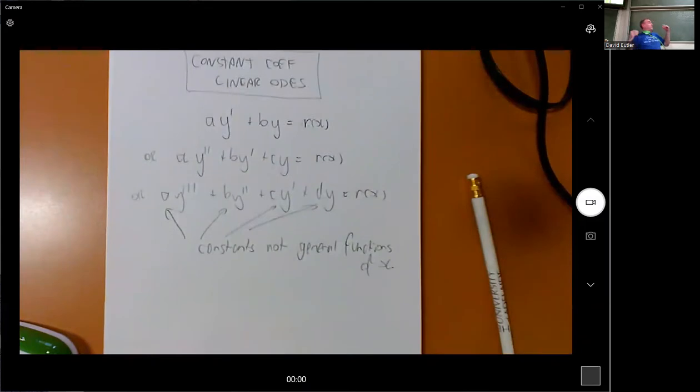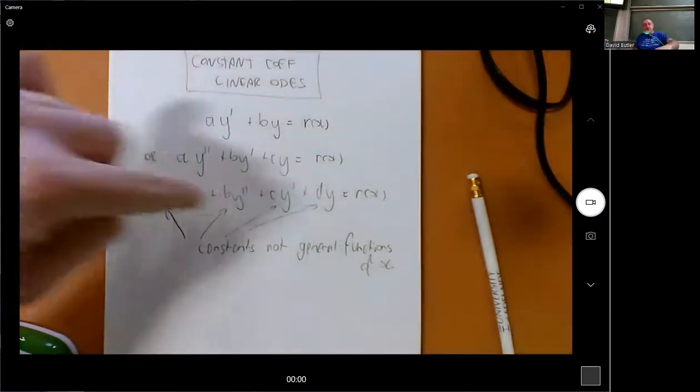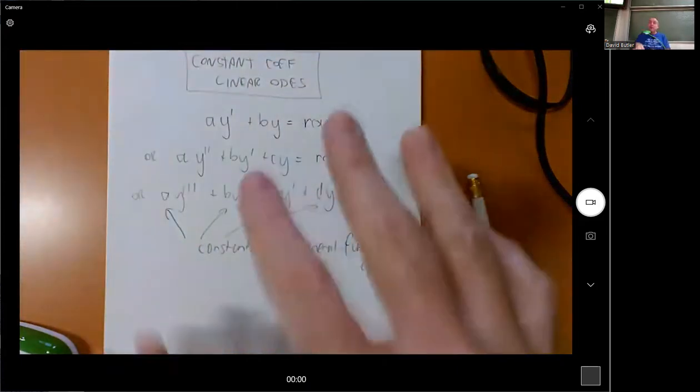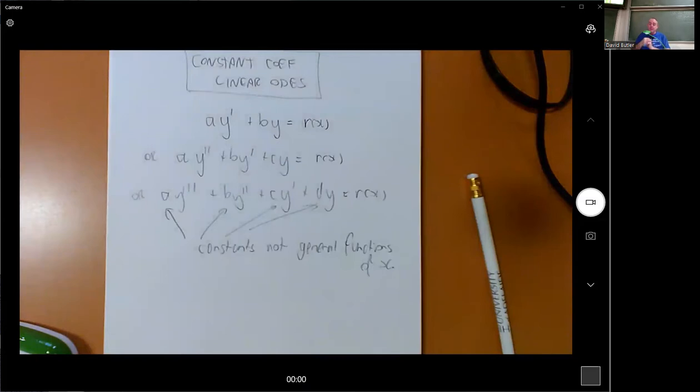Now, it is possible to have linear differential equations which have functions in those spots, but that's not what we're talking about right now. Okay, so people have been studying differential equations for a while, long before people even had the notation to deal with some of this stuff.